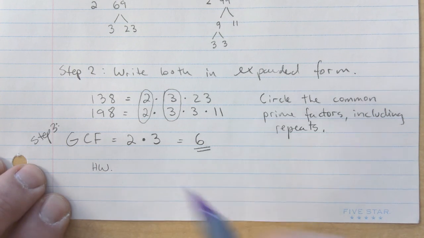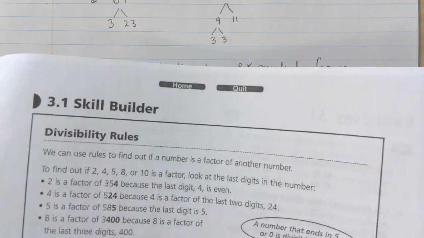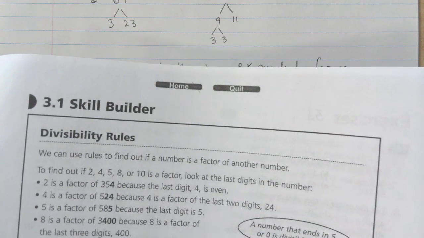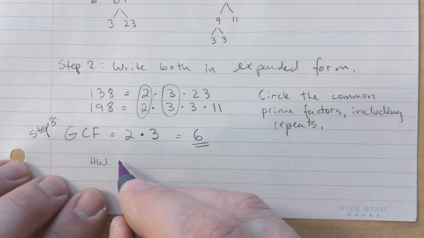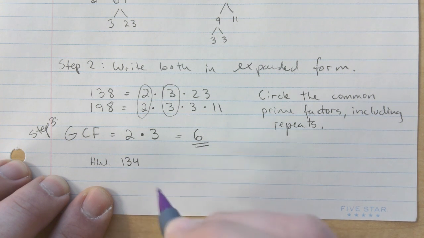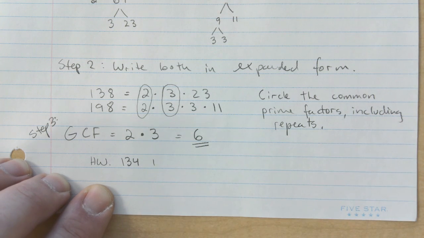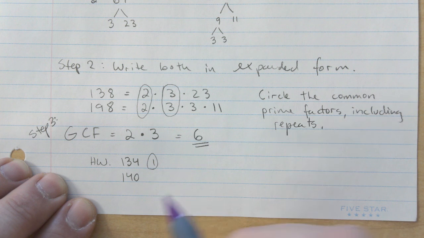So I'm going to tell you what the homework is. So that booklet, remember, you got a small booklet. It looks like this. You all got it, right? If you don't, I'll get it to you. And so there, I want you to do page 134, which basically goes through the divisibility rules. So you're going to do just question 1. And then there's page 140.